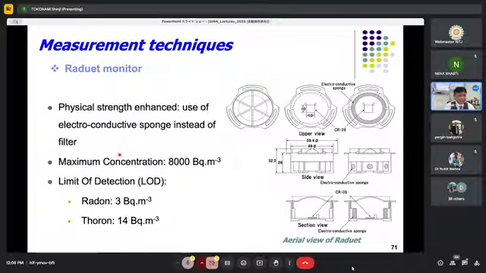Maximum detectable concentration is 8,000 becquerel per cubic meter. Here's the limit of detection. In the case of radon, LOD is estimated to be 3 becquerel per cubic meter. In the case of toron, it is estimated to be 14 becquerel per cubic meter.